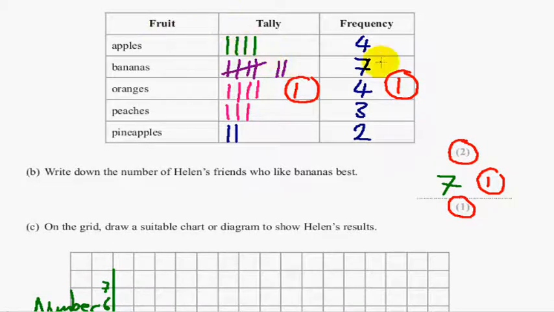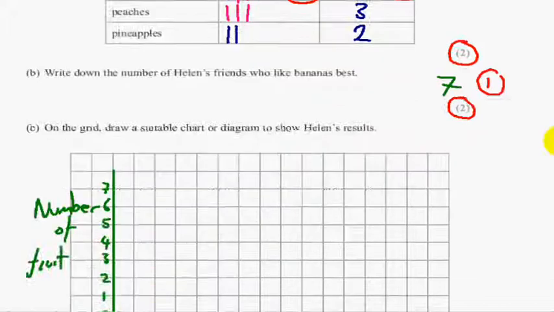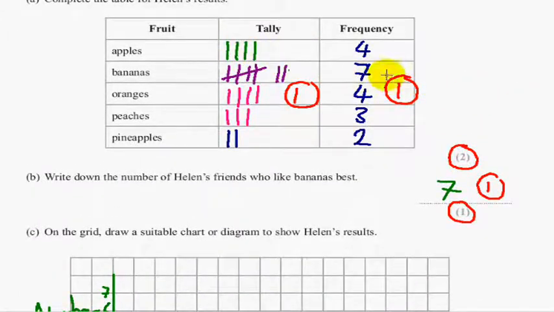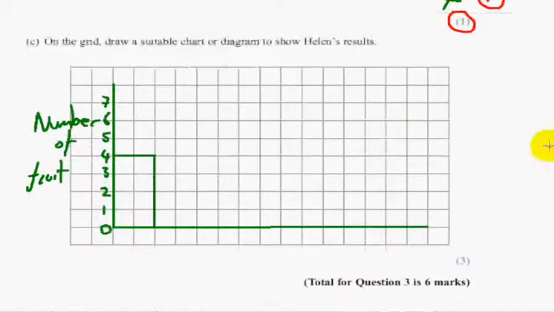So the first one is going to be apple, which had 4 people who liked that the best. Now the bars must be the same width. Okay, I'm going to choose to use 2 squares across, so they all have to be 2 squares across. Banana was 7.